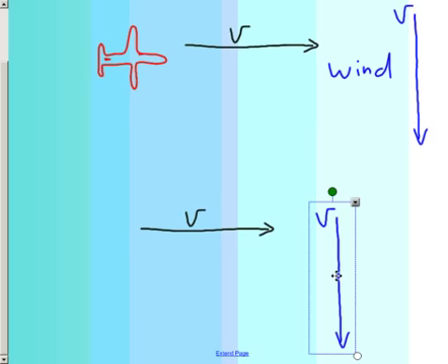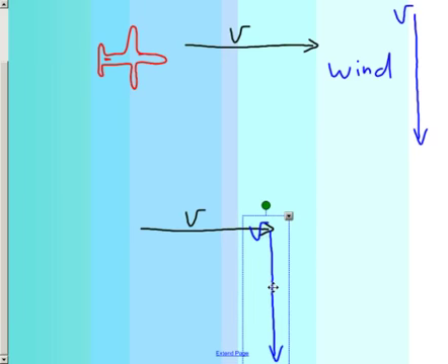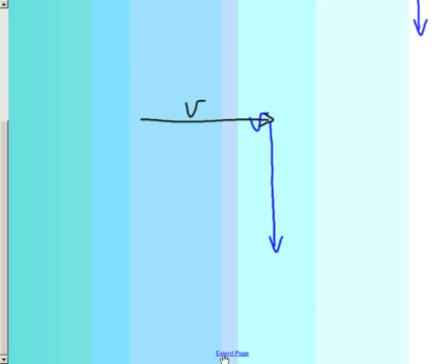Now, what I'm going to do is move the velocity of the wind compared to the ground at the end of the other vector. And the actual velocity of the plane is that way. Okay? And we'll make that a red velocity.